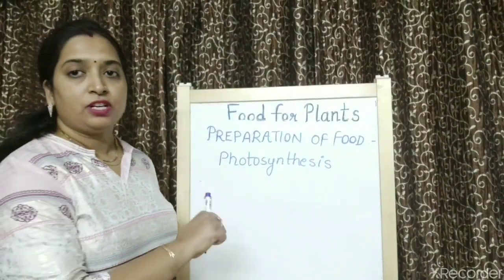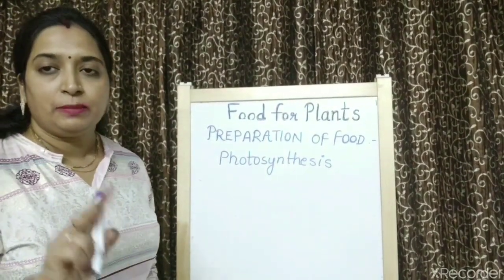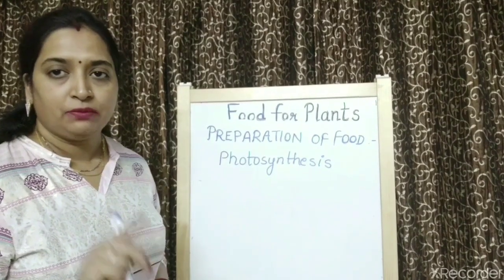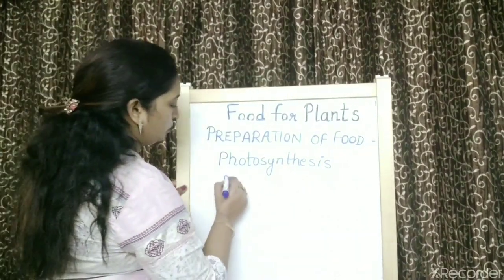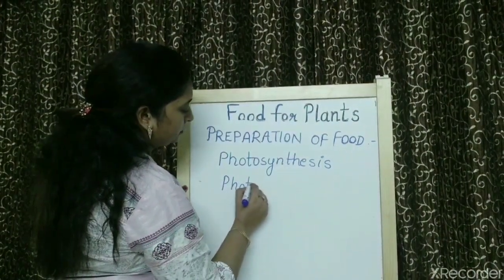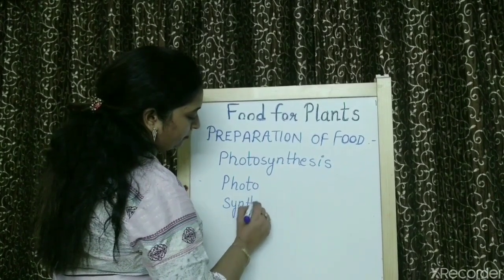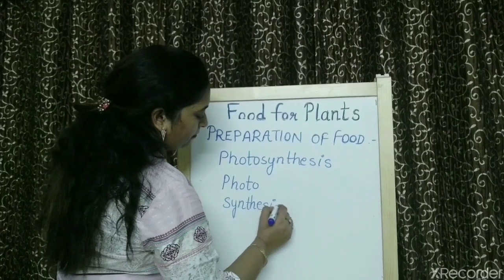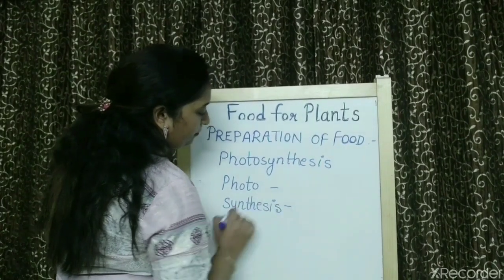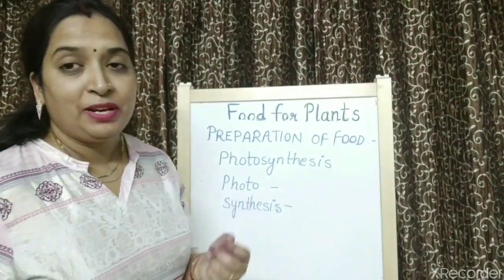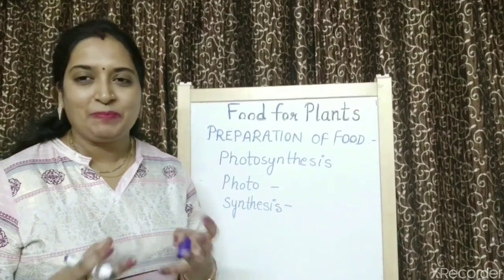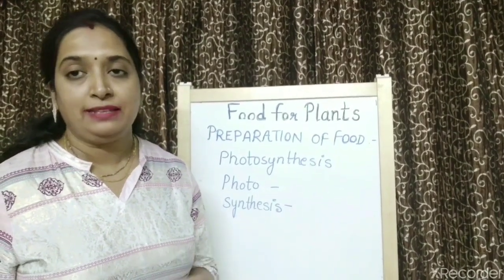Children, this term photosynthesis is made up of two words. What are these two words? Photo and synthesis. What is the meaning of photo? Photo means not picture here, children. Photo means light.